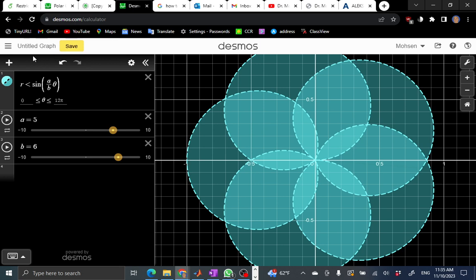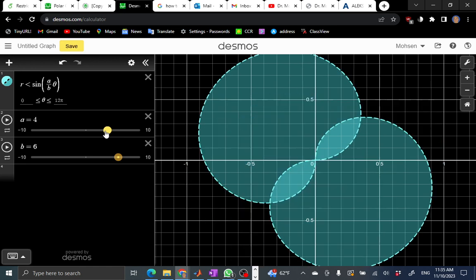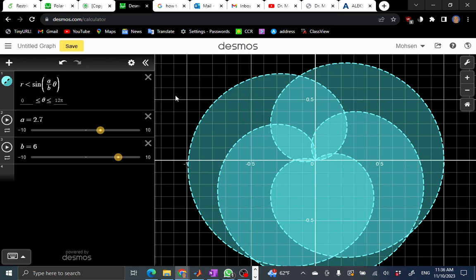So this is a region characterized by the following polar inequality: r less than sine of a over b times some number, with a and b decided here, and you can create a variety of pictures. So for example, this is one possibility, here are other possibilities, and so on. A lot more complicated than what we have looked at so far.